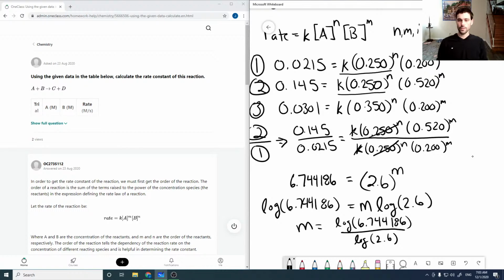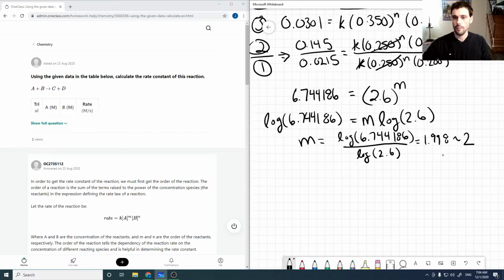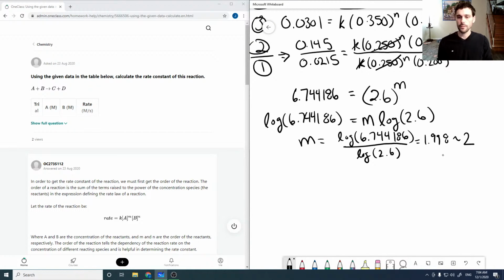Doing that division using your calculator, this comes out to be 1.998, which is approximately 2. So for the orders, I would say we would always want to round to the nearest integer value. And so it looks like we're second order in B.